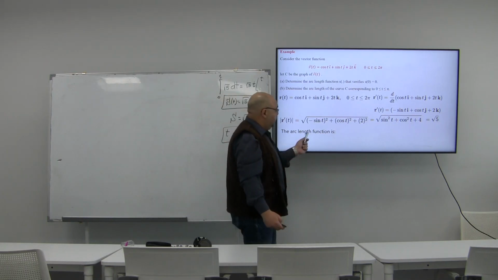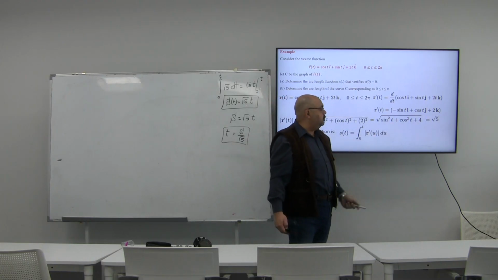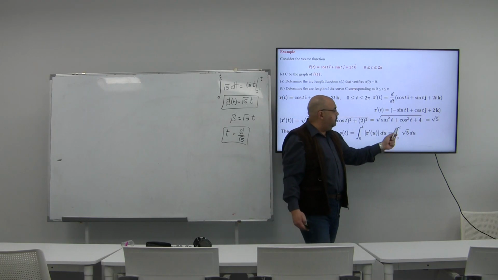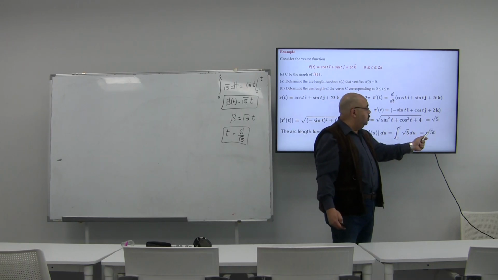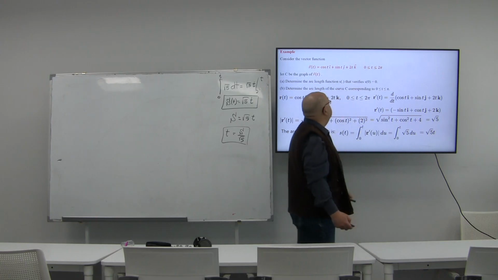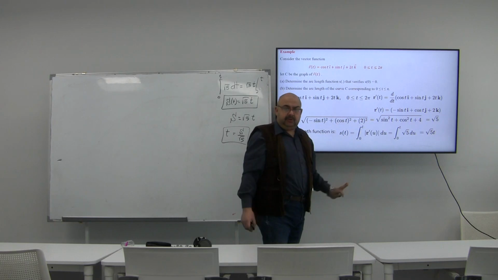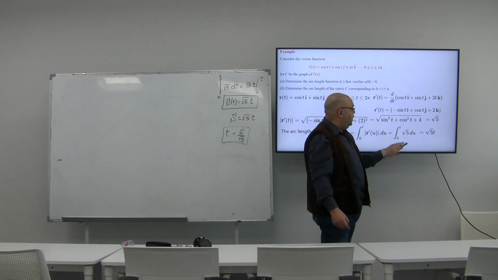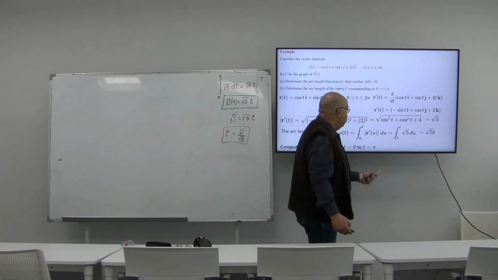So now the arc length function, as I told you, is just integrating from 0 to t the function which is root 5. So it simply is going to be the integral from 0 to t of root 5 du. So it's going to be root 5 t. If you want to evaluate this arc length from 0 to pi, all I have to do is take t and replace it by pi. I will have root 5 pi. Here we go.